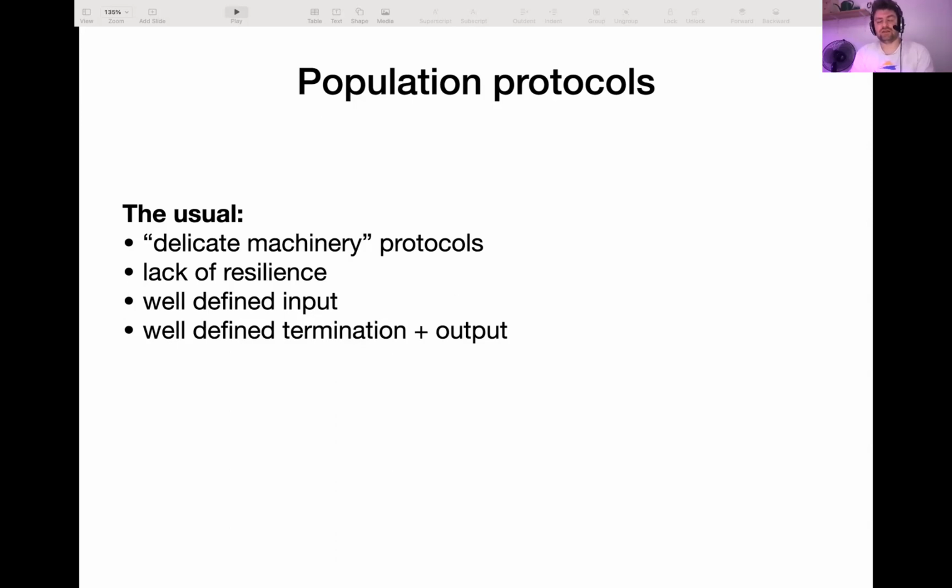If we change something during the execution, everything can break, everything can explode. So those protocols usually operate under the assumption of having well-defined input and well-defined output states.